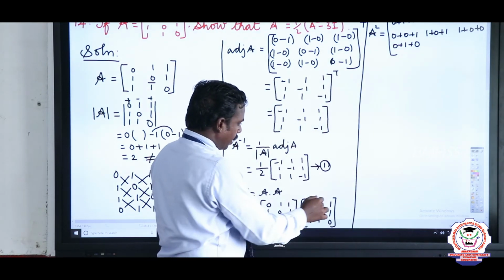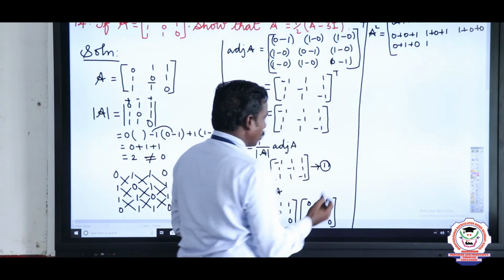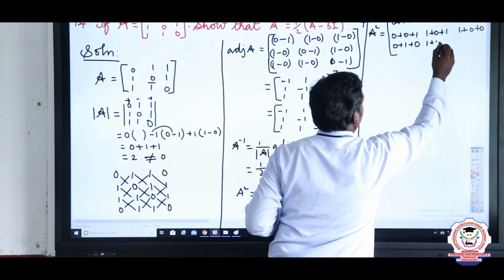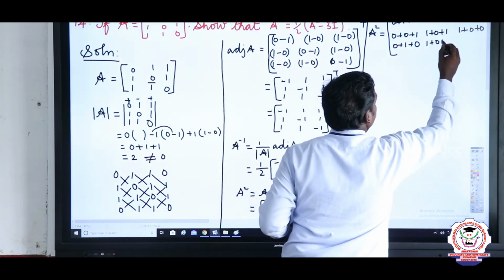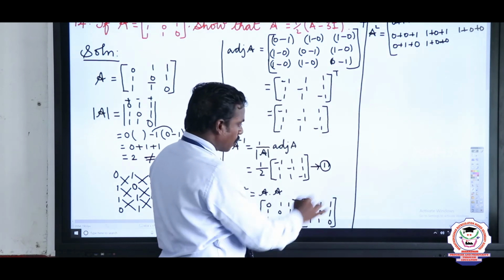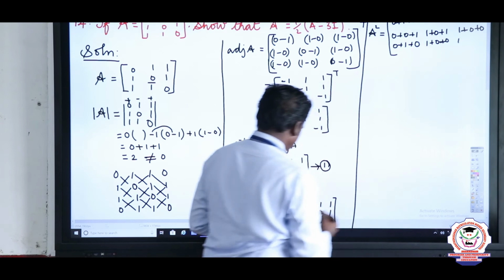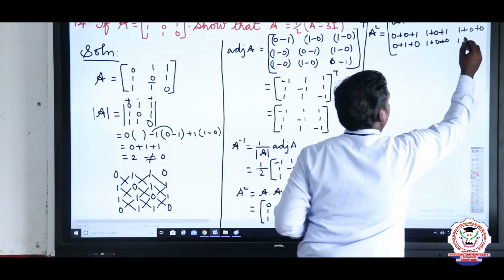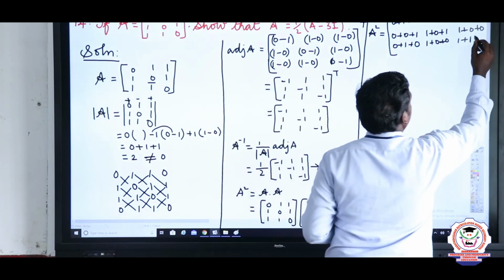Again, so 1 into 1 is 1, again 1 into 0 is 0, again 0 into 1 is 0. Listen, yes. So third row, third column, 1 into 1 is 1, 1 into 1 is 1, and 0 into 0 is 0.